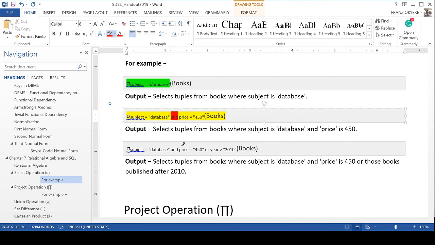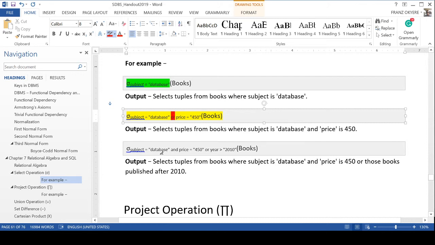If the price is 450 and the subject is not database, we don't want that to be included in the result. If it were OR, then we have an issue, as it would turn out to be true. So true, true, true or false. That is where logic is very important. If you make a mistake, you're going to have problems with your result.